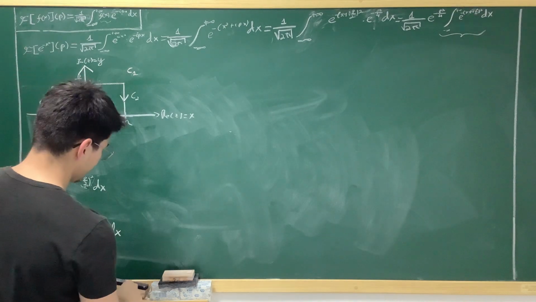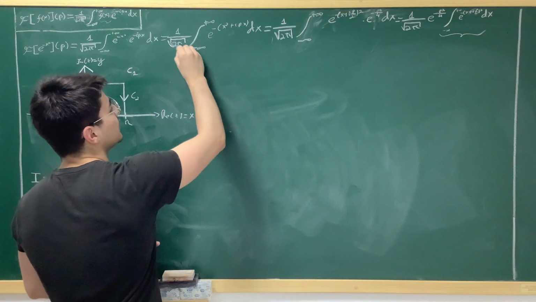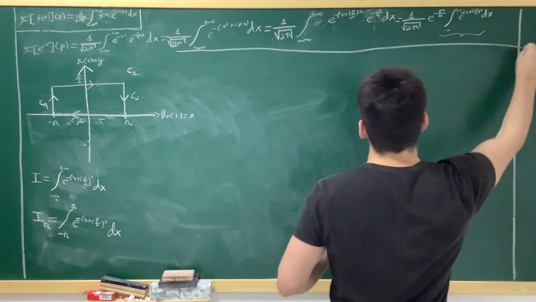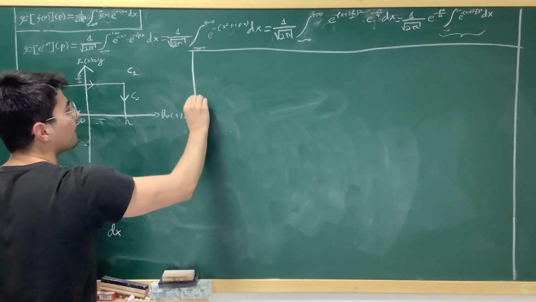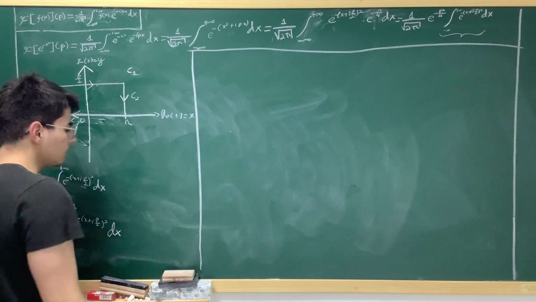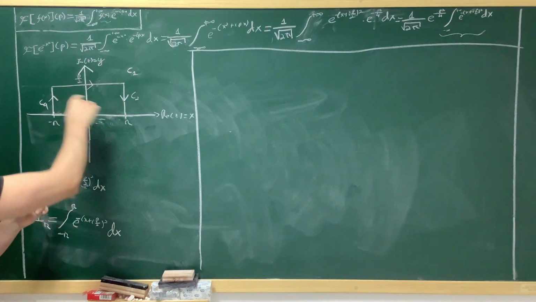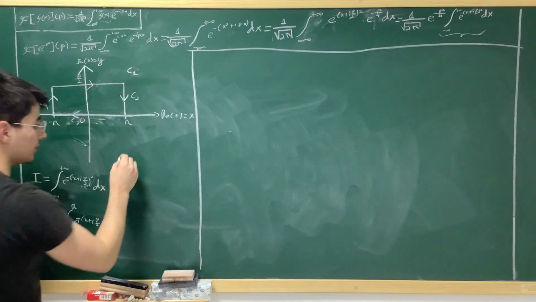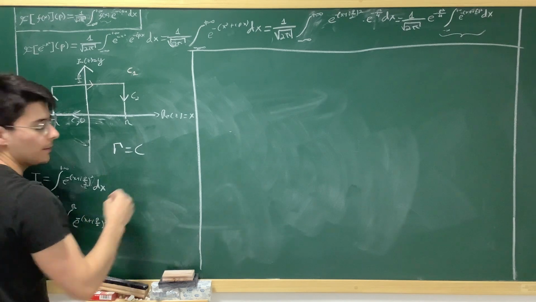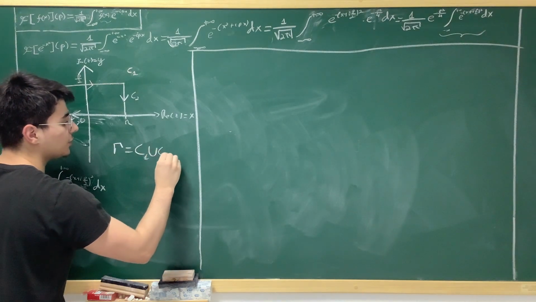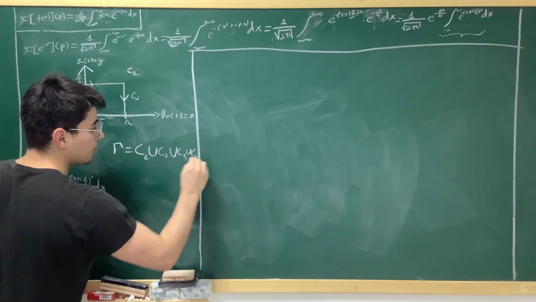I'm just going to make a line here, so we have some more space. We want to define a closed contour, the set of all these four curves, called gamma: C1 union C2 union C3 union C4.